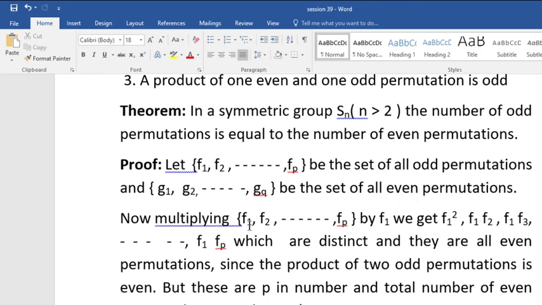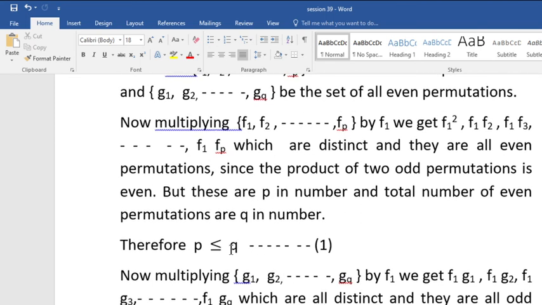Now multiply the set of all odd permutations by f1, so that we have f1 squared, f1 f2, f1 f3, and the last element f1 fp, which are distinct and all even permutations. Since the product of two even permutations is even, but these are p in number and the total number of even permutations is q, we can say that p is less than or equal to q.